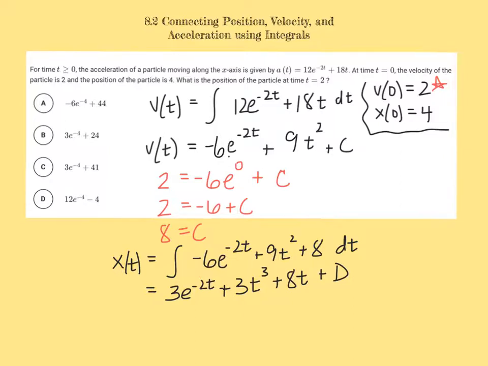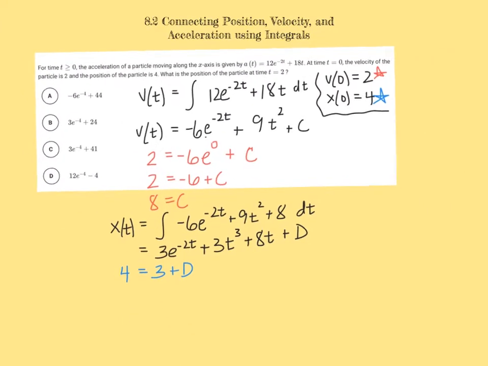Great. So next, I'm going to use this information here. So when we plug in 0 for t, we'll get 4 out. So this is 3e to the 0, which is just 1. Then plugging in 0 here, it just goes away. So then we'll just have a plus d. And I'm running out of room, so we'll make it a little smaller.